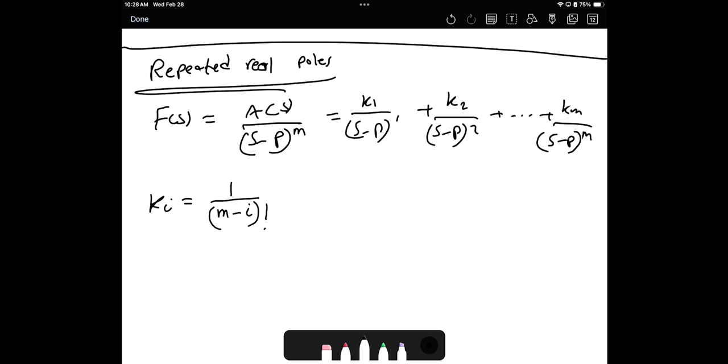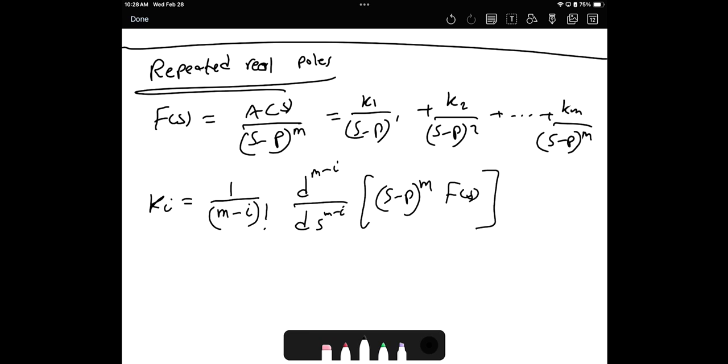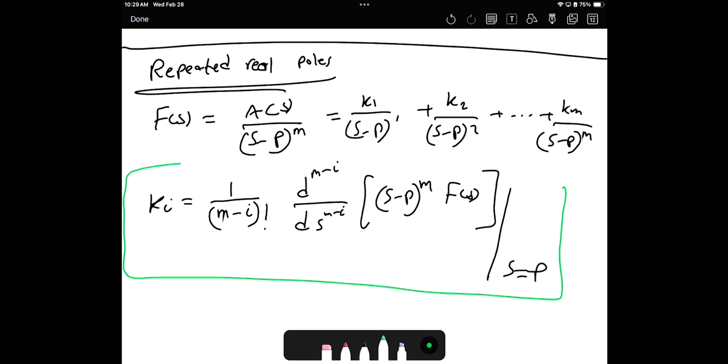Then the derivative of order (n minus i), d^(n-i)/ds^(n-i), of (s minus p) power n times F(s). Then after that, this derivative is evaluated at s equal to p. So again, you need to write this in your note sheets because we will need to use it. It's very important for you.